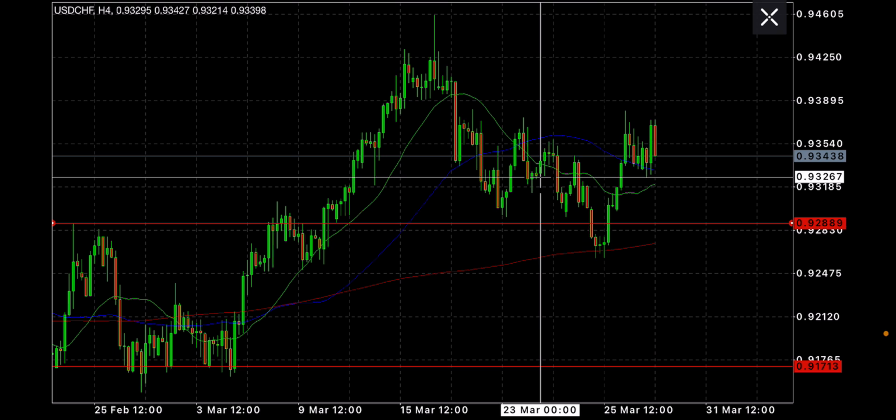Its native country of Switzerland is dealing with a lot of inflation, and it's also dealing with very high gas prices. But this inflation and high gas prices is affecting it very badly.